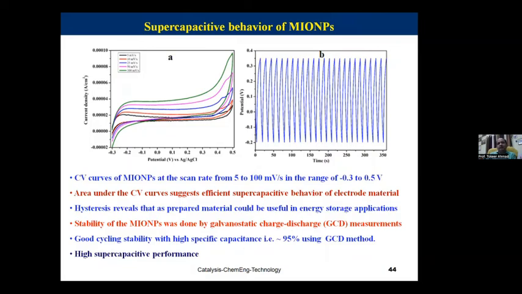The stability was assessed by GCD measurements, which show good cycling stability with high specific capacitance, showing the high supercapacitive performance of magnetic iron oxide.